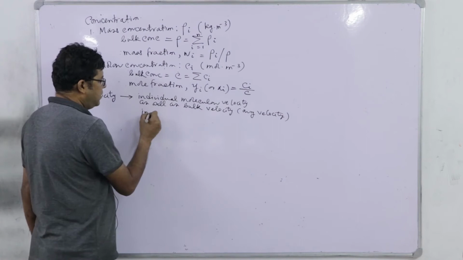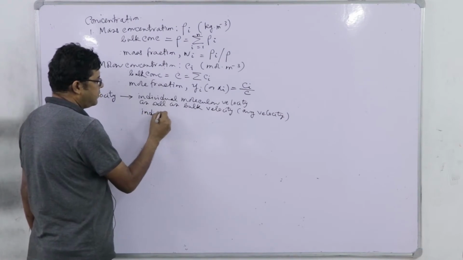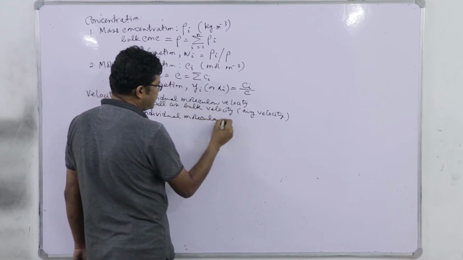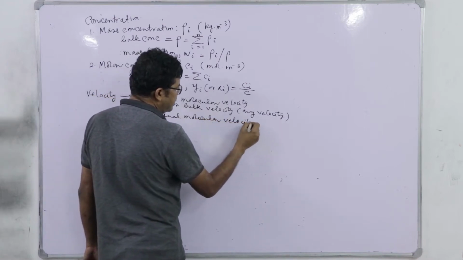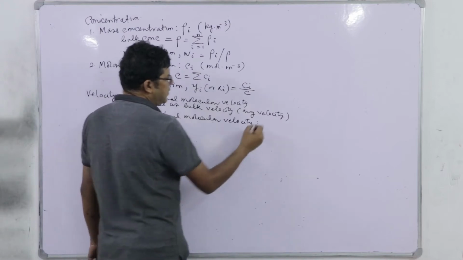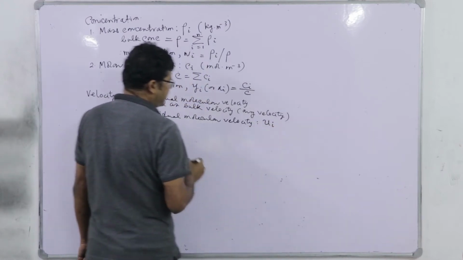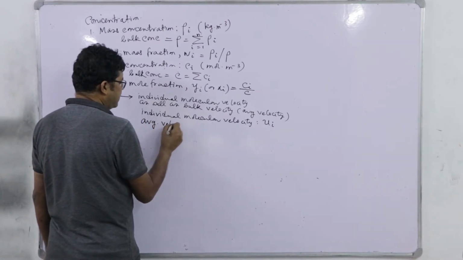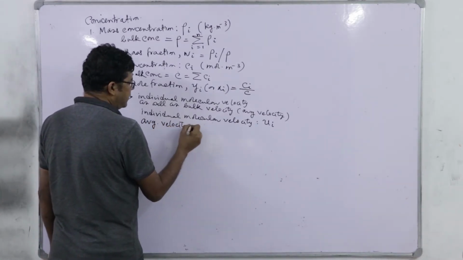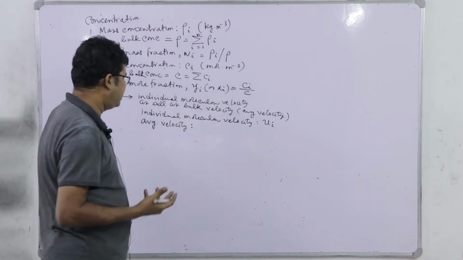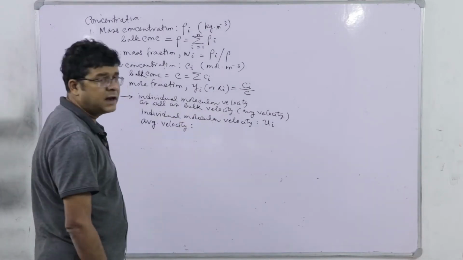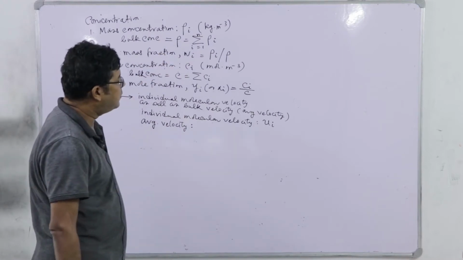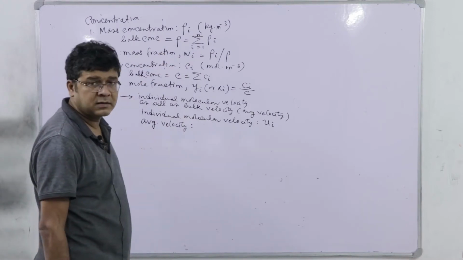So, the individual molecular velocity we will write as U i, and regarding average velocity, this is basically the bulk velocity. Here we can define two different velocities based on what we are weighing U i with, right.